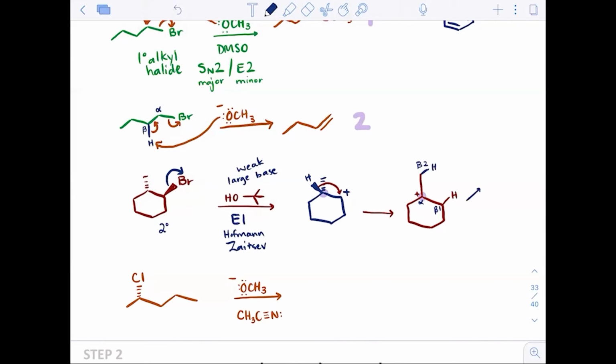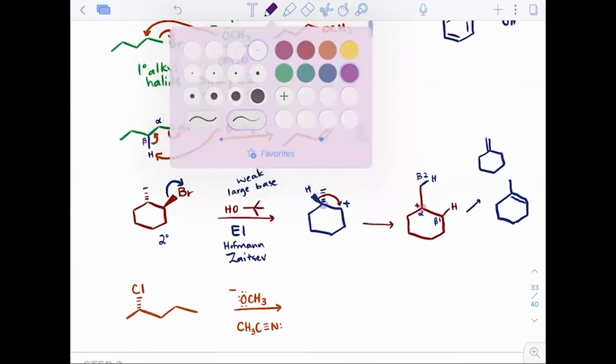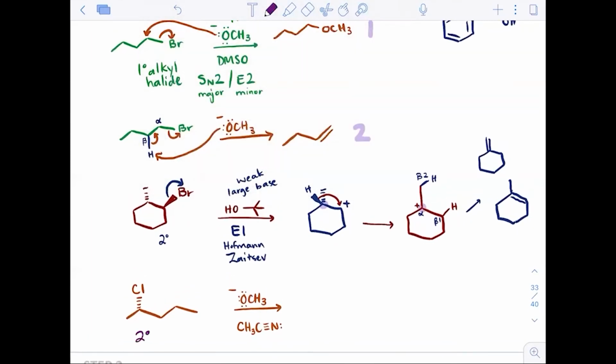So let's just quickly identify double bond up there or double bond right there. 2 products. Excellent.